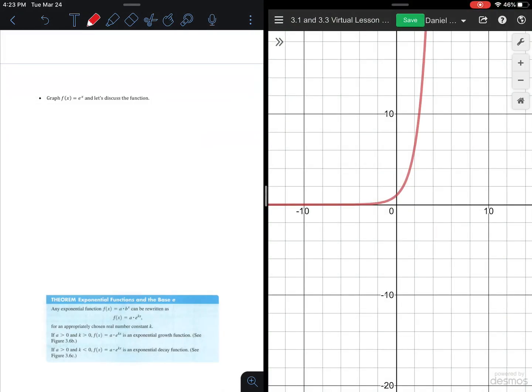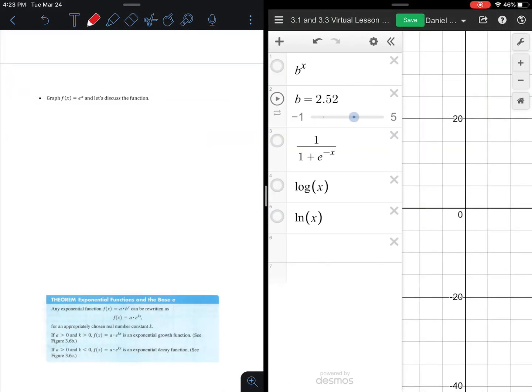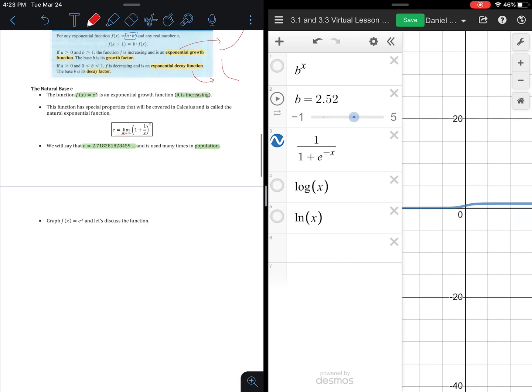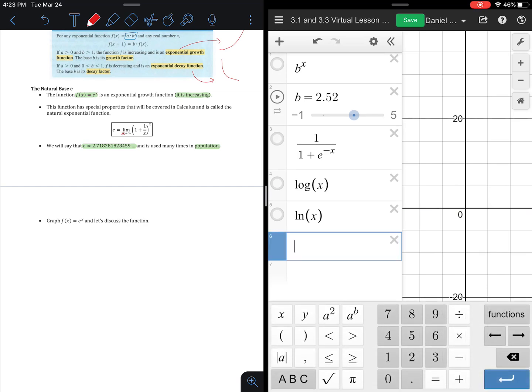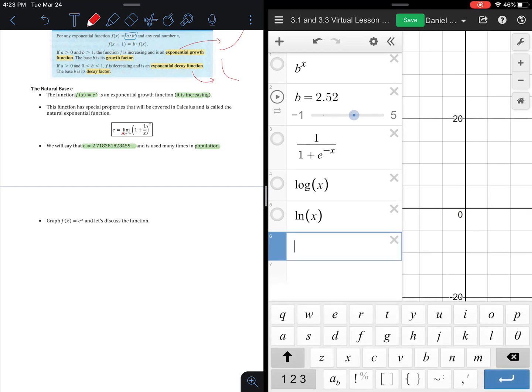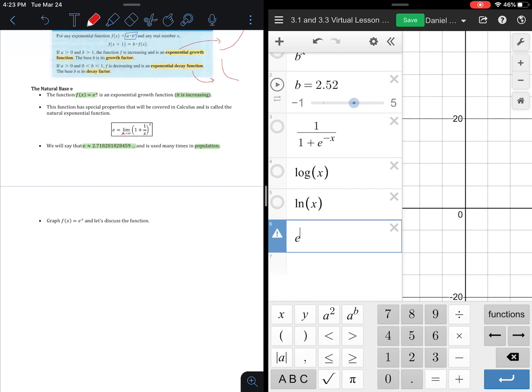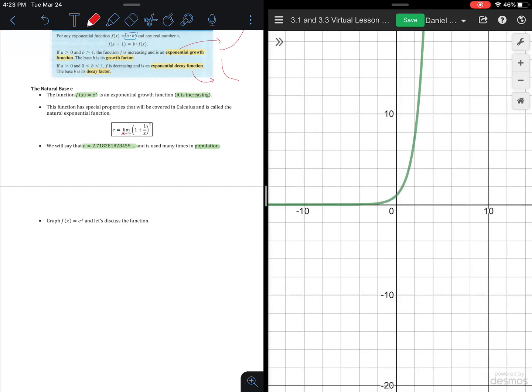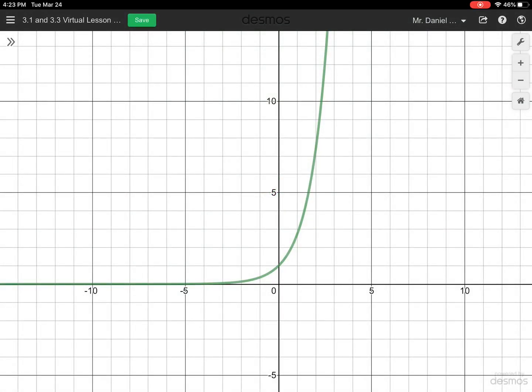Again, I had done that previously. Here's e to the x. I graphed this. Let's do e to the x. And there's e to the x.